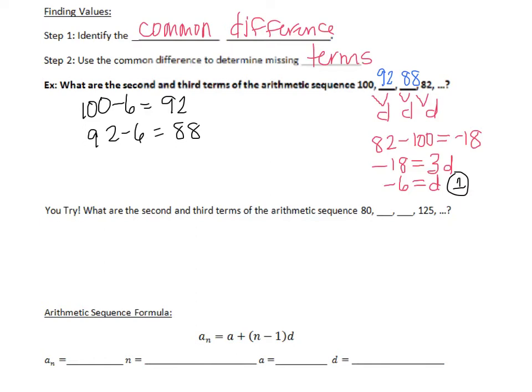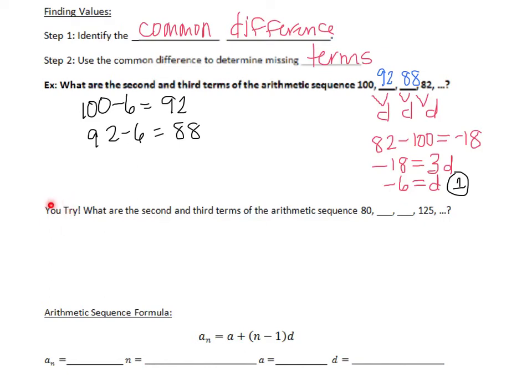Notice that I said 100 minus 6 because my common difference was negative. If my common difference was positive, then I would say 100 plus 6 to get me to my next term. So just keep that in mind. The only reason I subtracted is because D was negative. Otherwise, I would have added if D was positive.